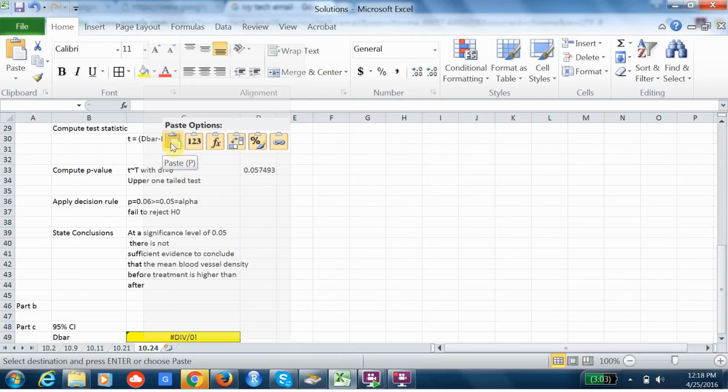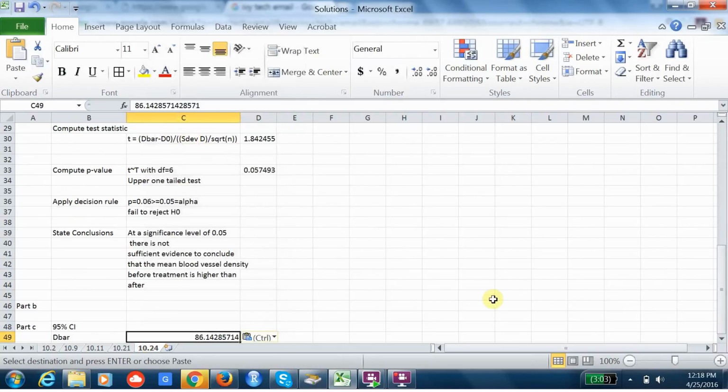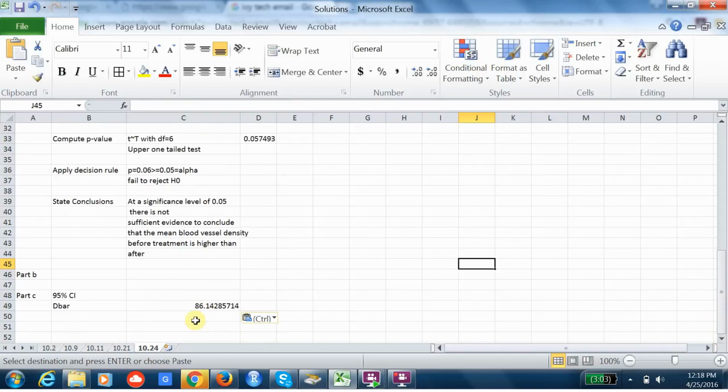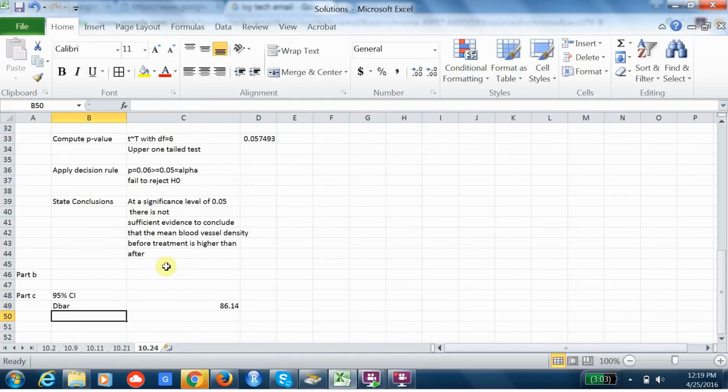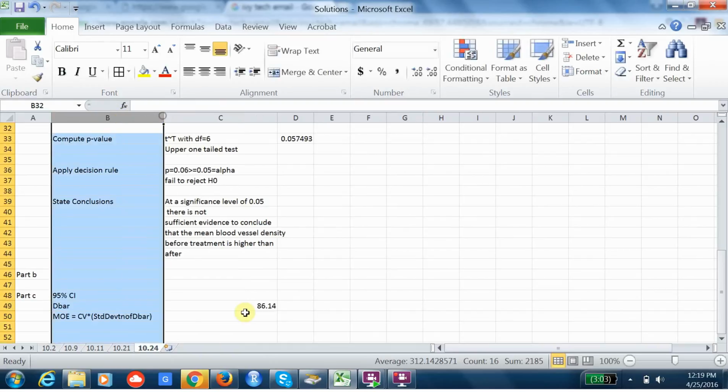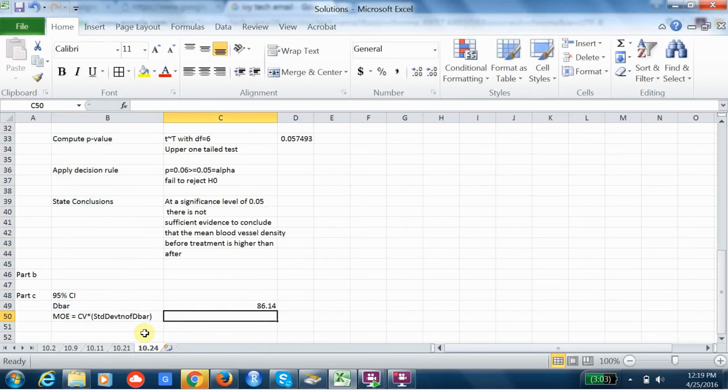So I notice that I can paste as a value. That's what I'm going to do. And round that off a little bit so it looks nice. Here we go. Okay, so now I need the margin of error. We remember that the margin of error is equal to the critical value times the estimated standard deviation of d bar. But the standard deviation of d bar is always what is in the denominator when you're doing a hypothesis test.